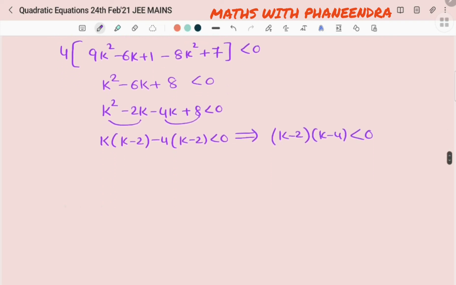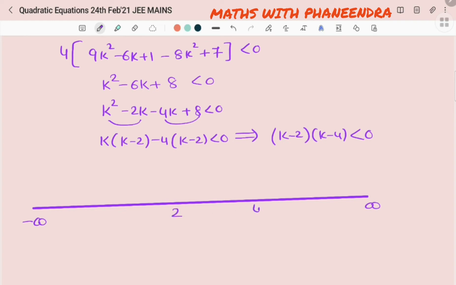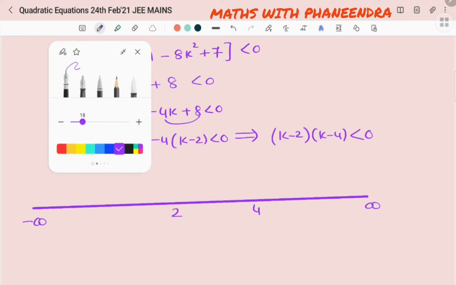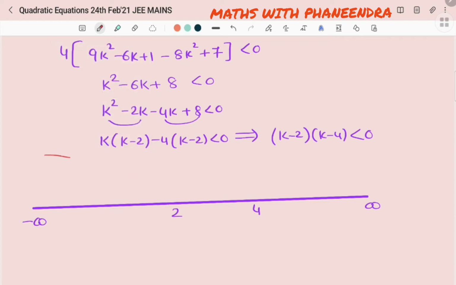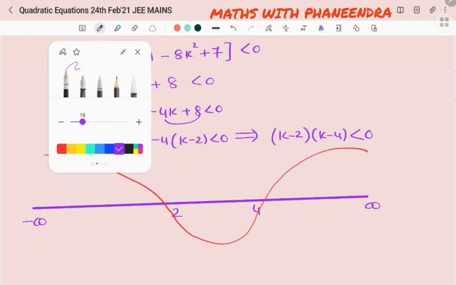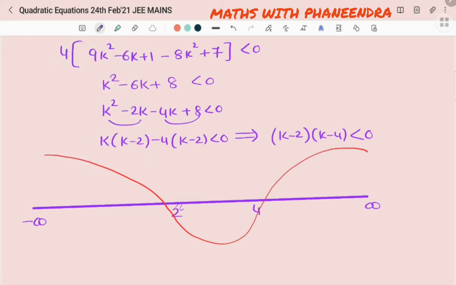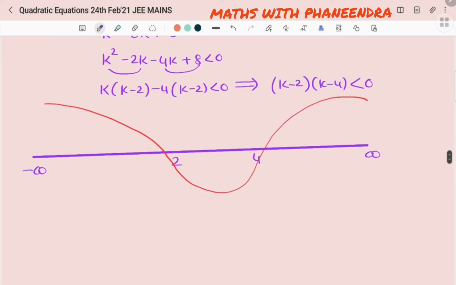So that means on the real number line, this is minus infinity, this is plus infinity. Here 2, here 4. In between minus infinity and 2, suppose we take k value 0: (0 − 2)(0 − 4) is 8, which is greater than 0.